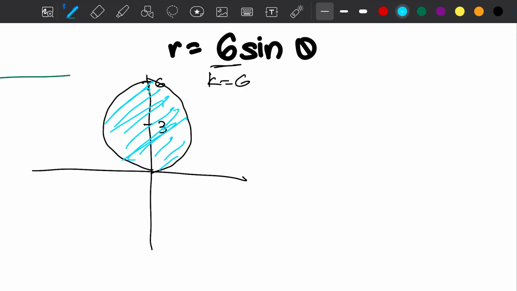Now, there's two ways you could approach this. Remember that we have A equals 1/2 integral from theta 1 to theta 2 of r squared d theta. Before we even begin the problem, we need to understand what we're going to set theta 1 and theta 2 as.